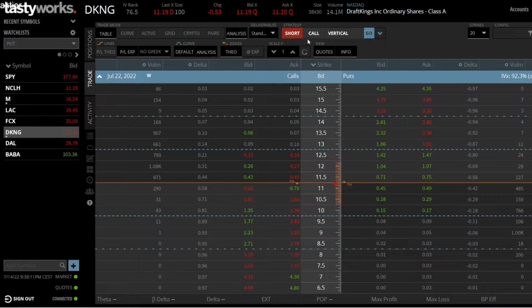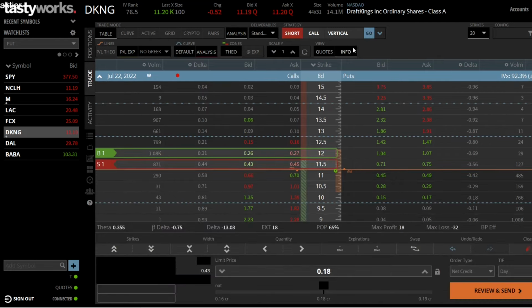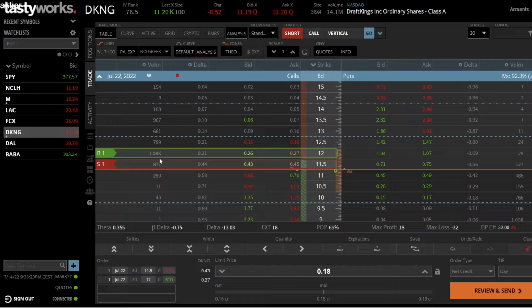What do you want to short? We want to short a call, and it's a vertical spread. Now let's see how it looks. Can you see that? We are selling an expensive contract and buying a cheaper one. So let's see how it looks on the curve.